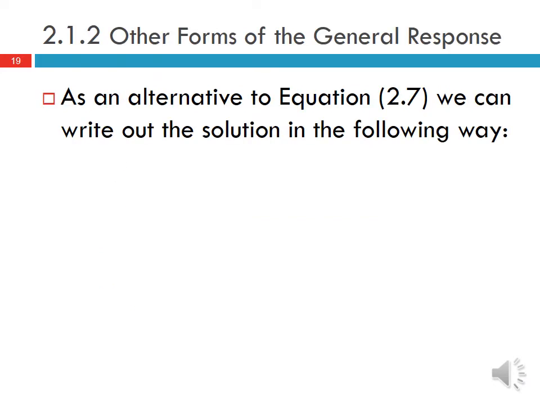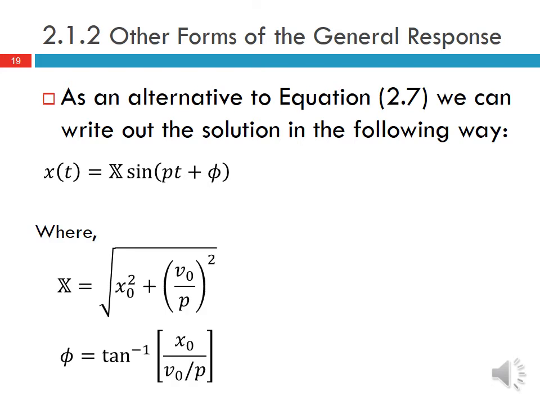Now there are other forms of the general response. As an alternative to this equation, we can write out the solution in a different way. We could write the response as x of t is equal to X sine pt plus phi, where X is equal to the square root of x naught squared plus v naught over p squared, and phi is equal to inverse tan of x naught p over v naught.